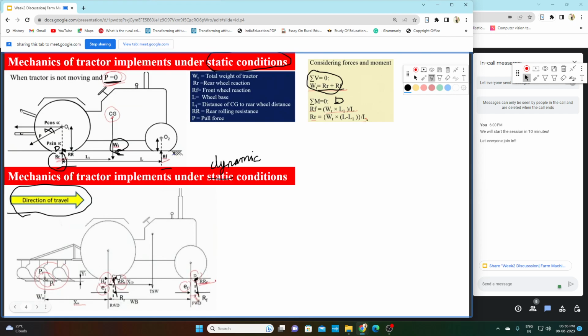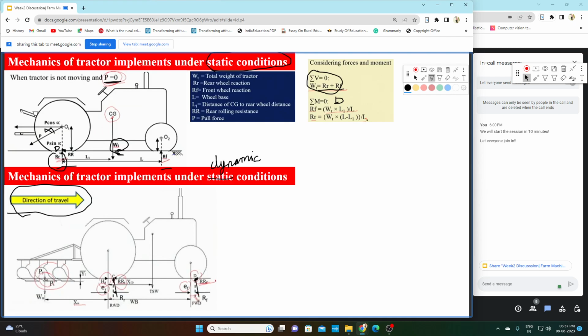Okay, so because of this eccentricity, now there is also a moment here, because whenever you will be taking moment at the center of the wheel, this force will also generate some moment. And this force will definitely generate some moment, and this total weight of tractor will also generate some moment. Now this implement will also generate some moment, because it has two components, right?